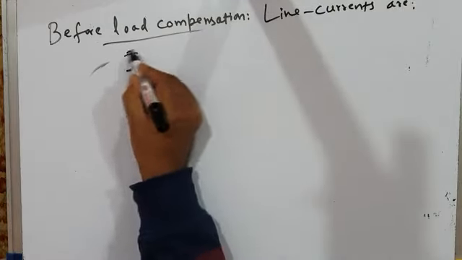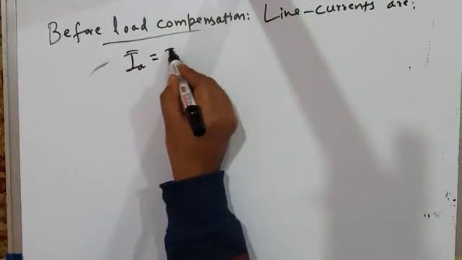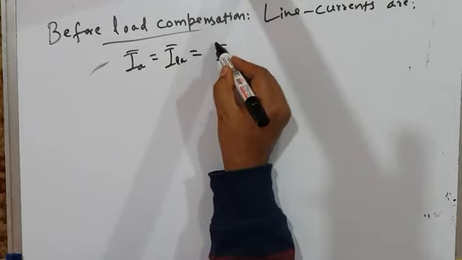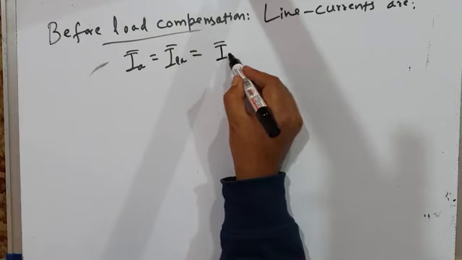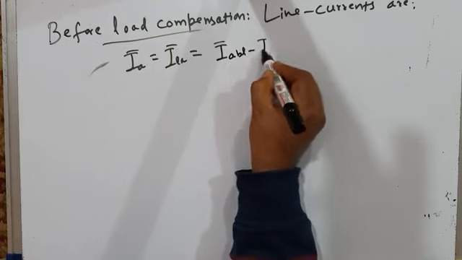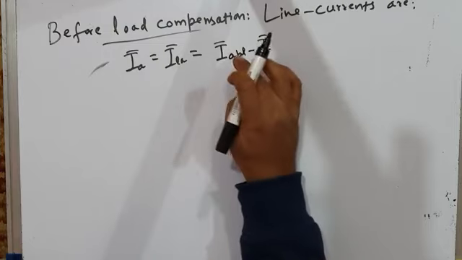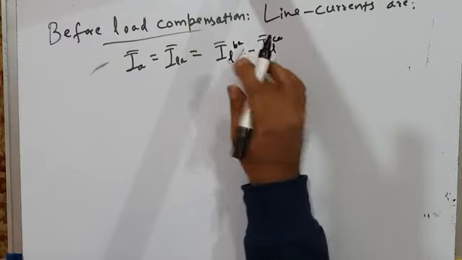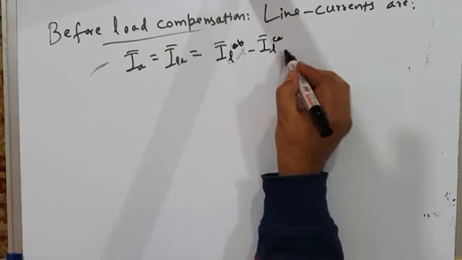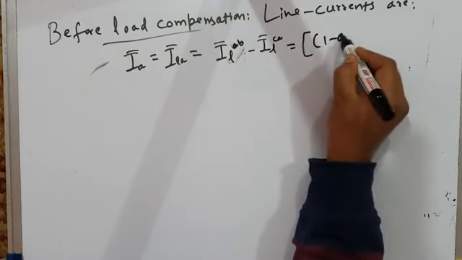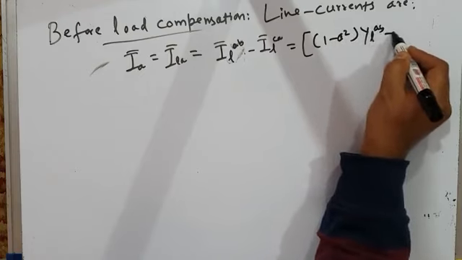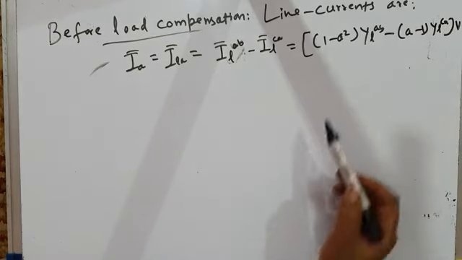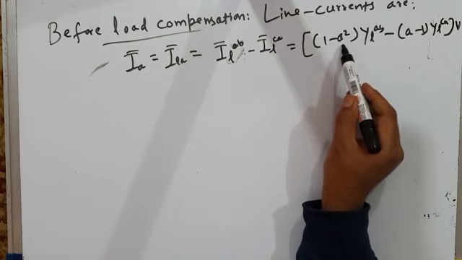first line current is IA, its RMS value is IA, and if you remember, IA is same as ILA, and from the lecture previous to the previous lecture, we have defined it as ILAB minus ILCA, and that is equal to 1 minus A square times YLAB minus A minus 1 times YLCA into V. A is minus 1 by 2 plus j root 3 by 2, and A square is minus 1 by 2 minus j root 3 by 2.